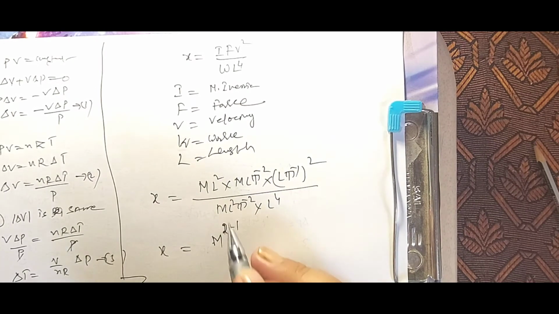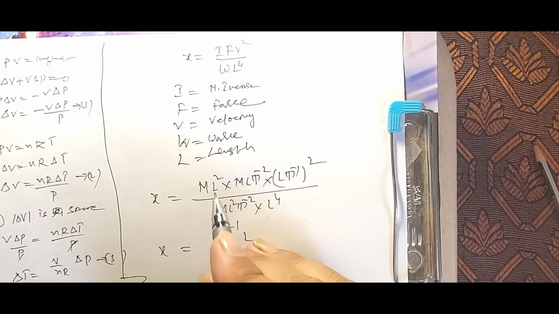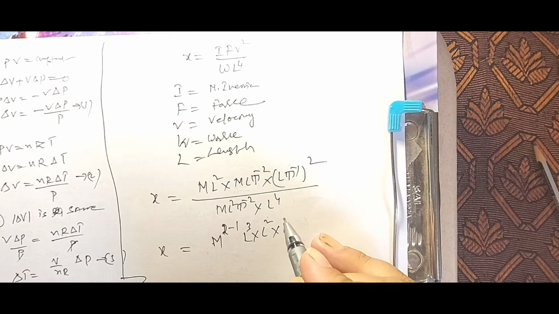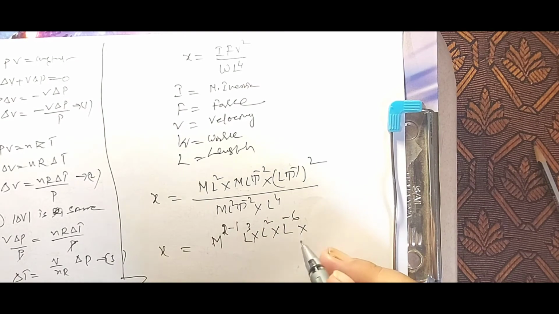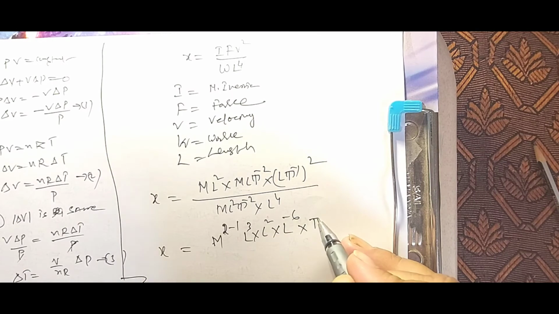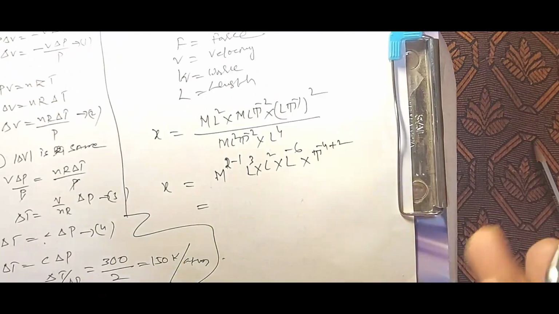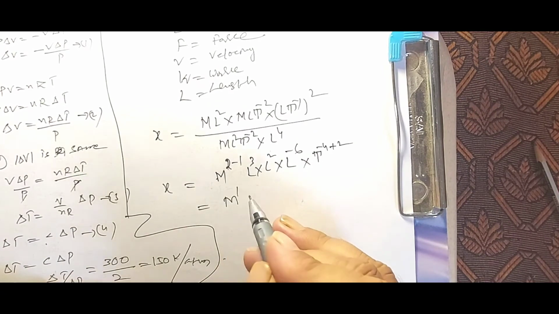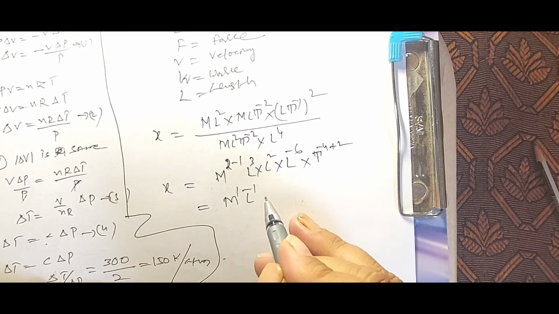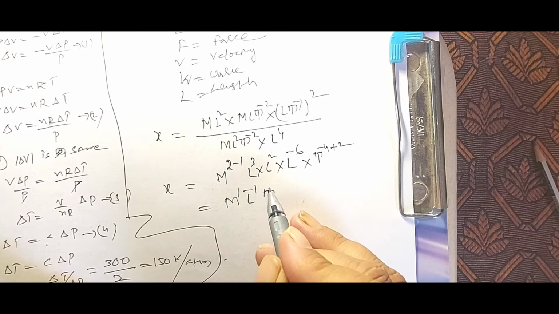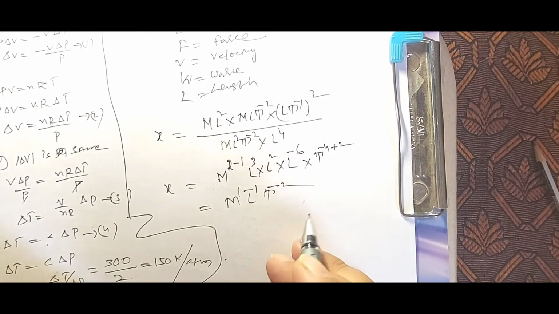Bring this m to the numerator. L square, L cube, into L square into L to the power of minus 6, into T to the power of minus 4 plus 2. So finally we get M to the power of 1, L to the power of minus 1, T to the power of minus 2.